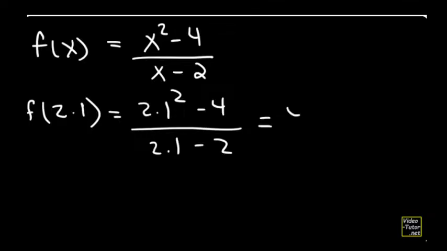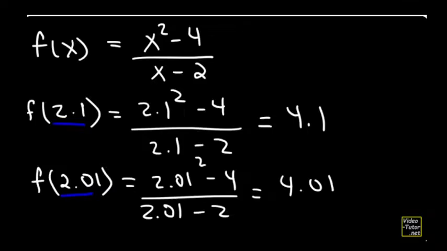Now what if we plug in a number that's even closer to 2? Let's say 2.01. Well, if we do that, this will give us 4.01. So notice that as x gets closer and closer to 2, the value of the function gets closer and closer to 4.